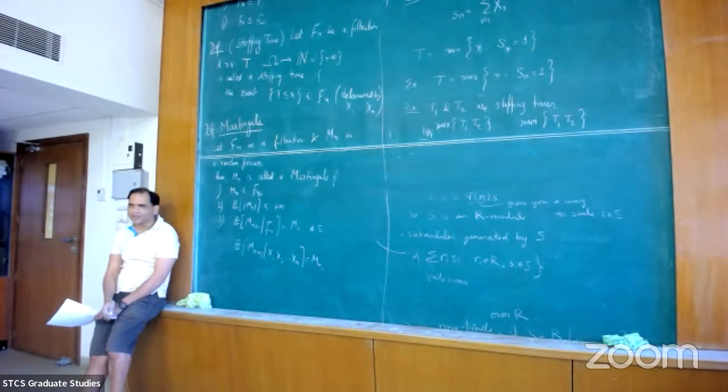So what's the obvious implication of such a process? Is there any property that comes to mind that such a process should definitely satisfy? What's the first thing you always look for in random variables?